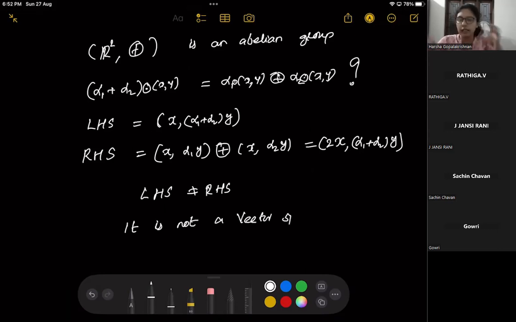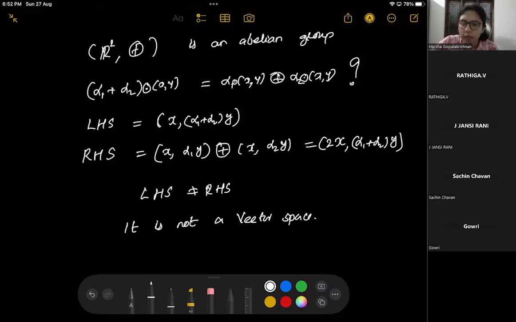Whether a space like R2 is a vector space or not depends on the operations also. In general, if we are given R2, we use the standard operations. If the operations are specified, we should check whether it is a vector space under those given operations. Is this fine for everyone? Any doubt?